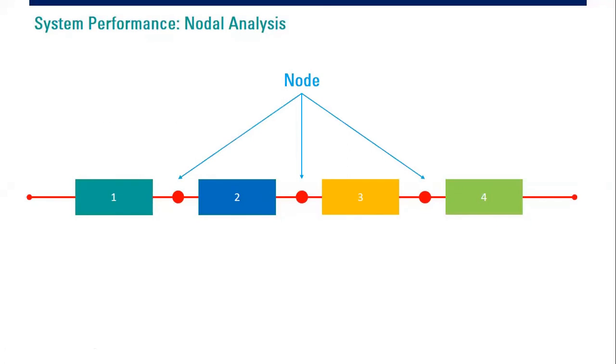The node itself is the source of the word nodal. So between each block we have a node: between block 1 and block 2 we have the interface, the node there. So we have node 1, node 2, and node 3.